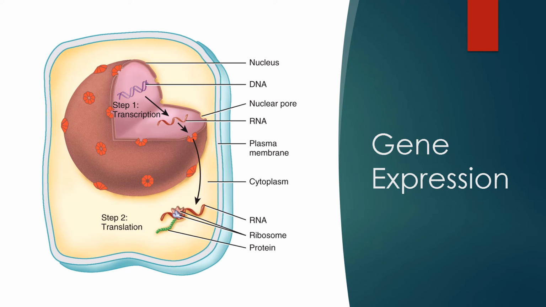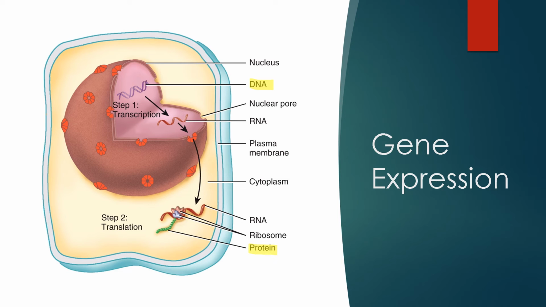Now, DNA encodes for everything in the cells. Pretty much, DNA is the blueprint for all the proteins that a cell needs to survive. Now, in a process called gene expression, the gene's DNA is going to be used as the template for the synthesis of a very specific protein.